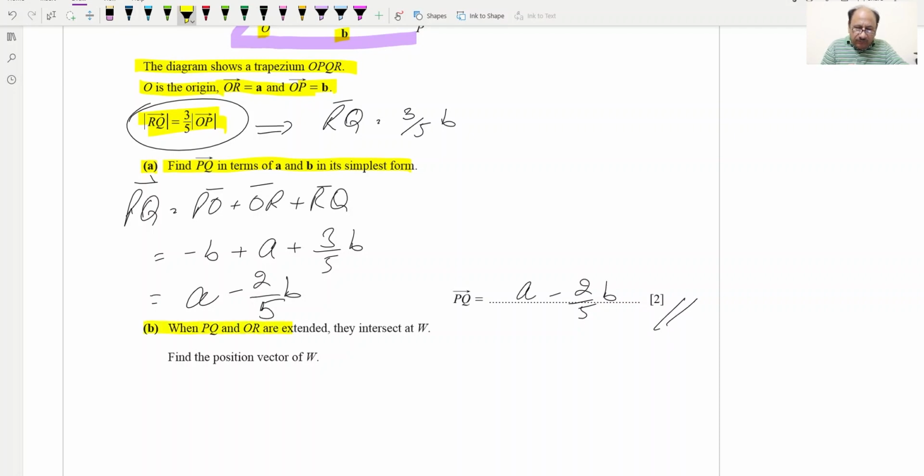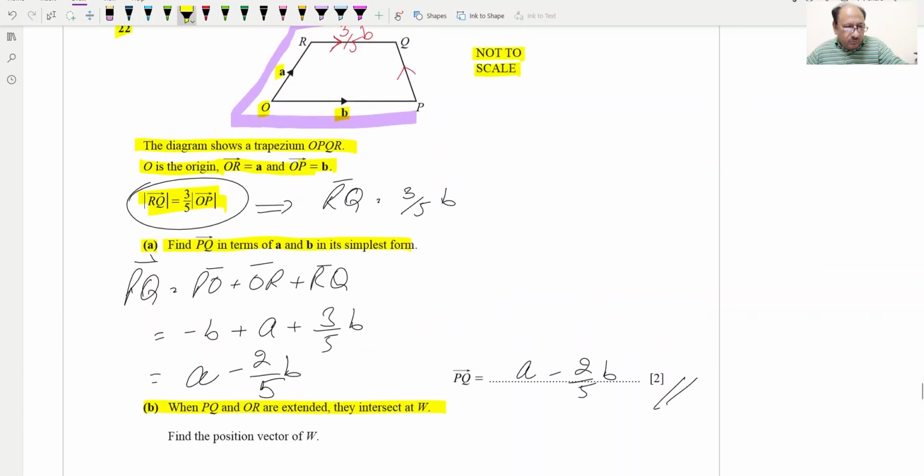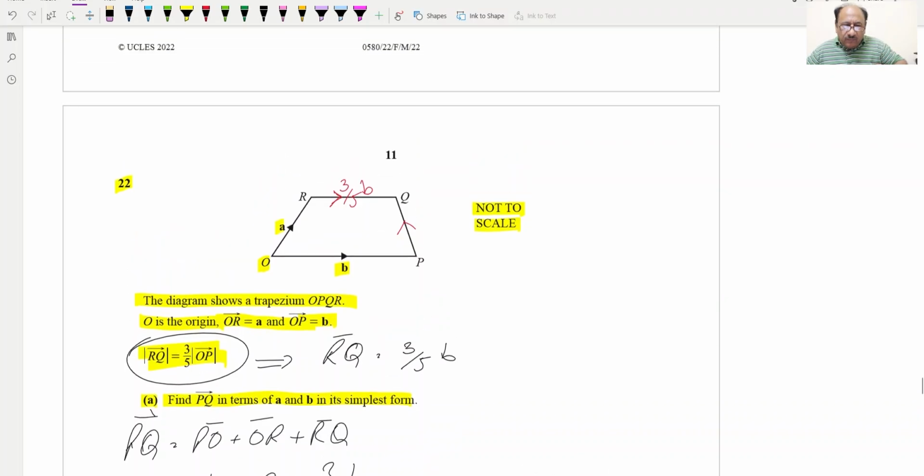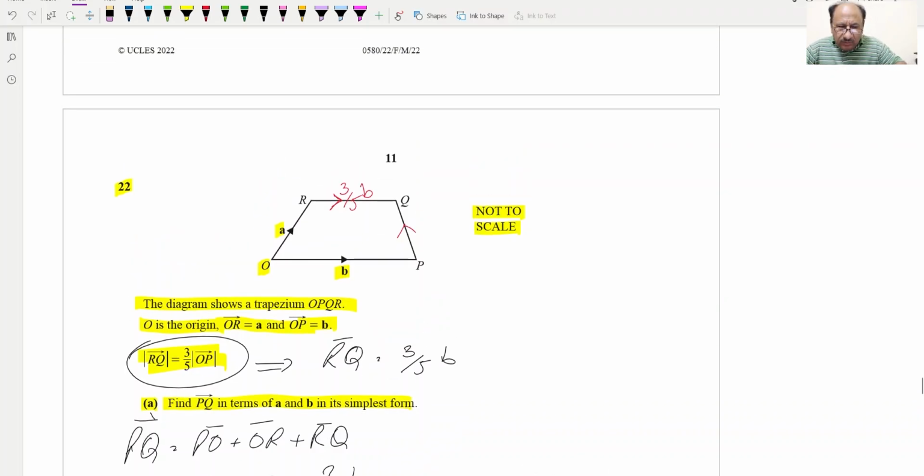Now for B part, when PQ and OQ are extended, they intersect at W. So this is the construction which we will be understanding. And if we extend PQ and reach here, and if we extend the other side RQ and touch this one basically, so this point is W. This is what they are saying.